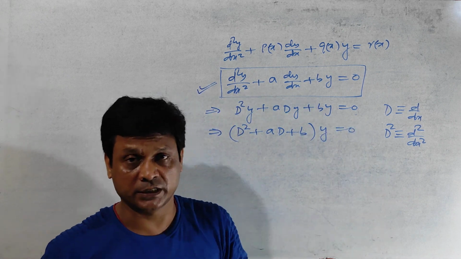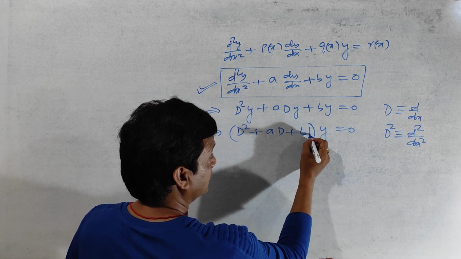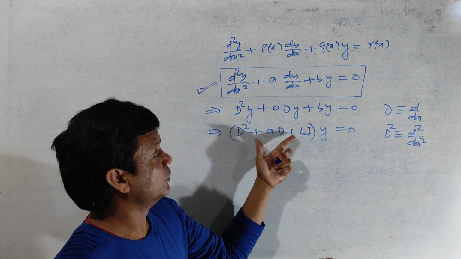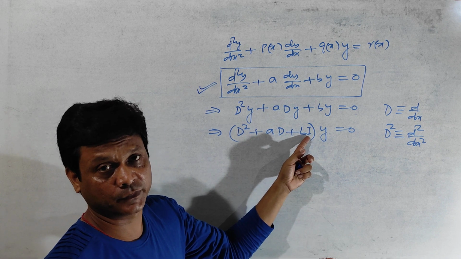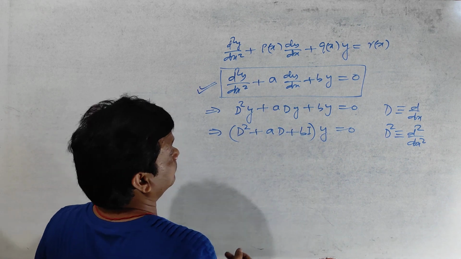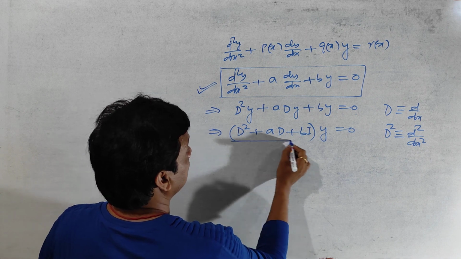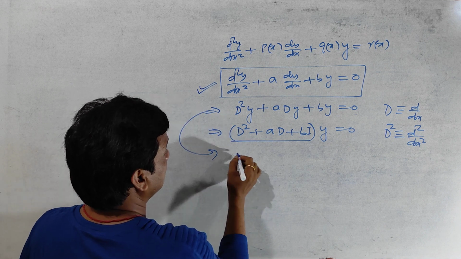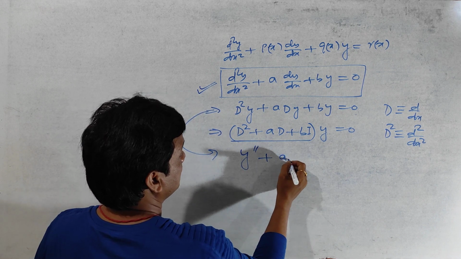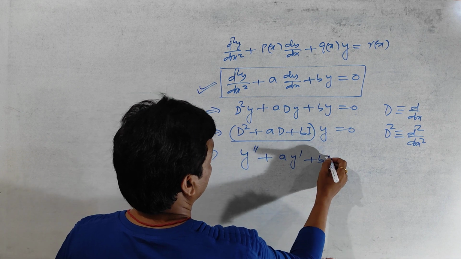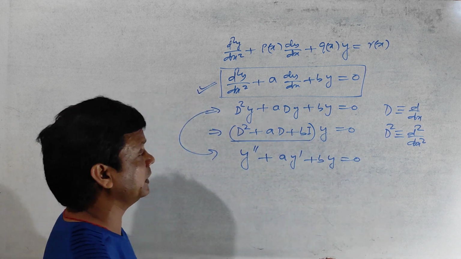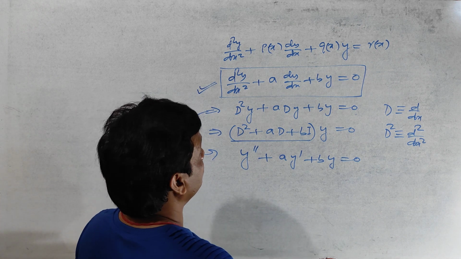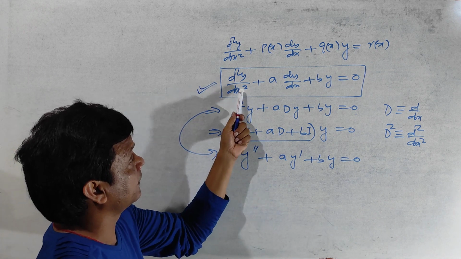But in the new concept, it is written as d into I, where I is the identity function, into y equal to 0. Or this can be written as y double dash plus a into y dash plus b into y equal to 0. Clear? And the question is how to solve this equation?